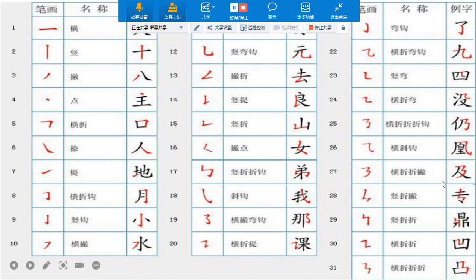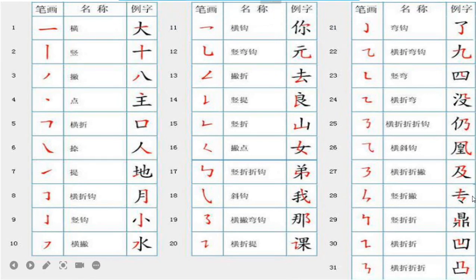You do everything carefully, okay? Carefully. This one, 竖折折钩. The character is very complicated, so we don't need to remember it.